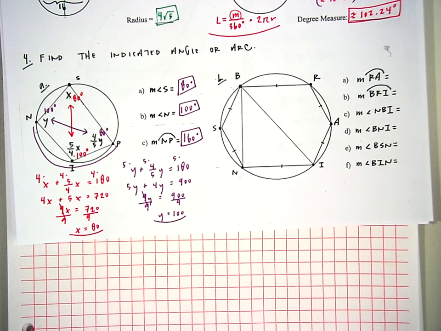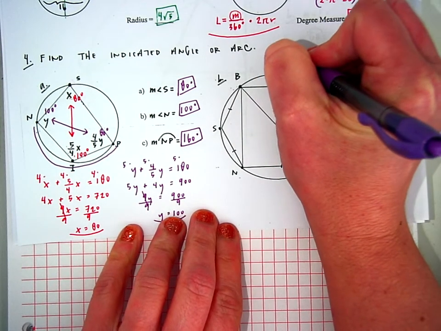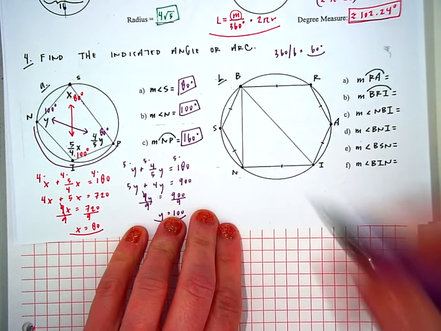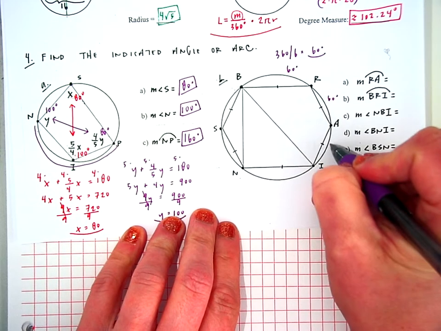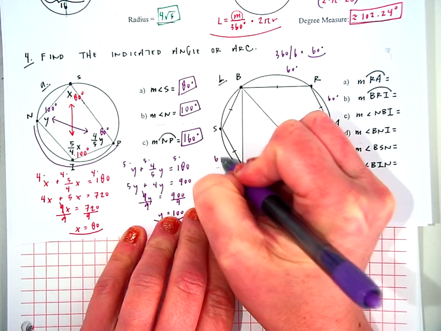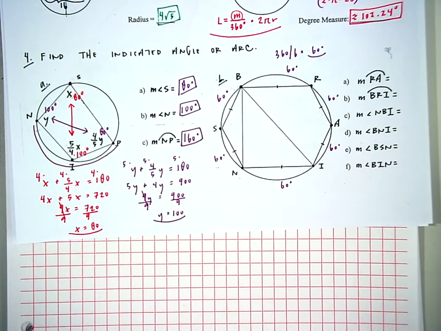So to find each of those arcs, I'm just taking 360 and I'm splitting it 6 ways. So 60 degrees here, here, here, here, here, and here. I know it's not perfectly to scale. We do the best we can.